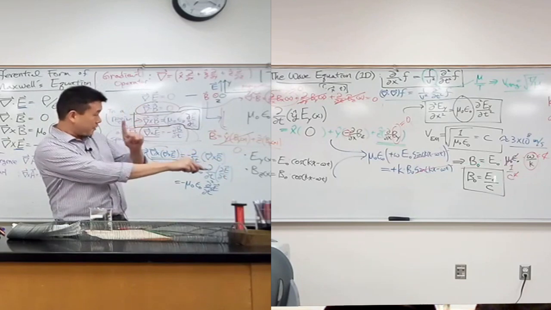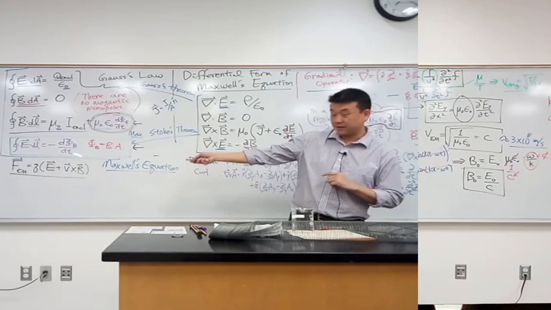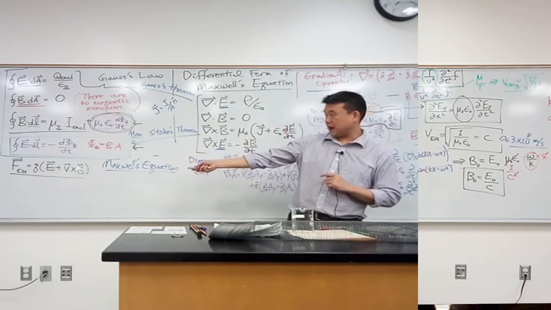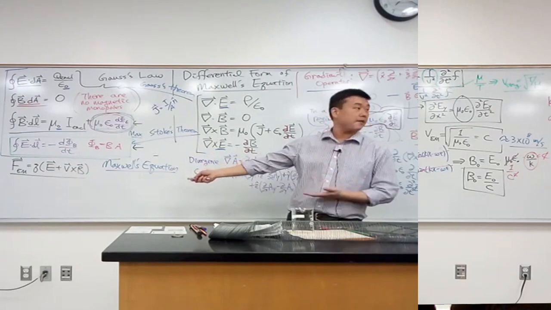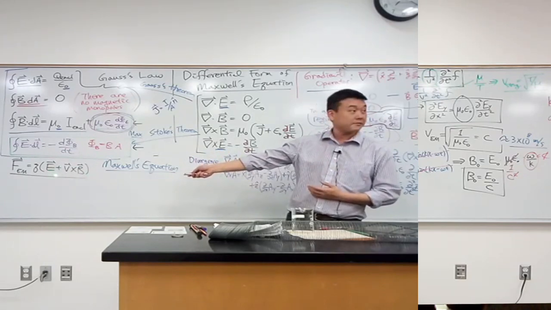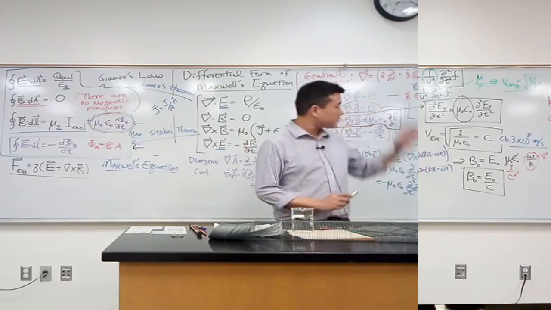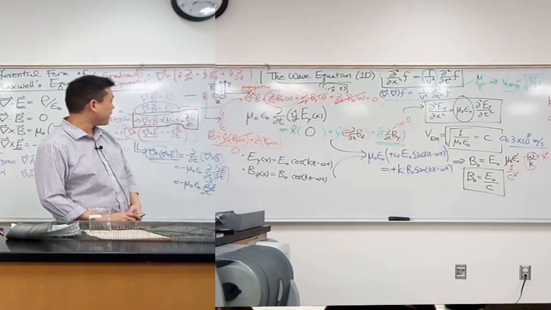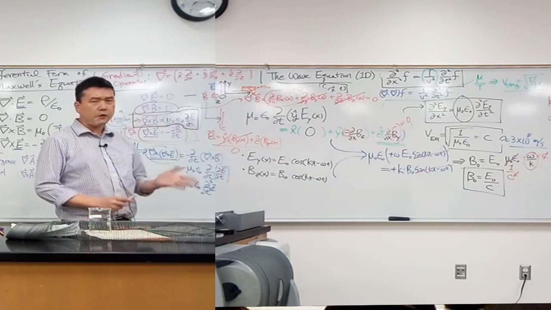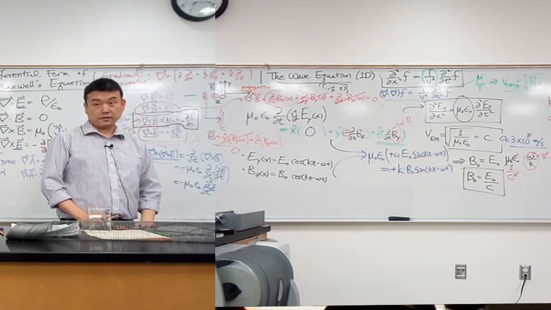And that makes sense with this formula, because speed times magnetic field must have the same unit as electric field.